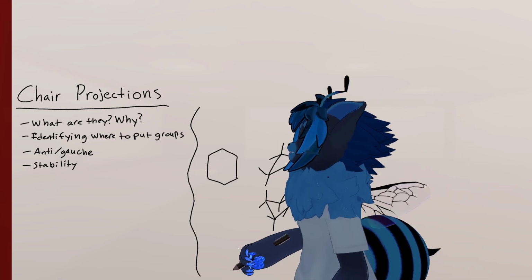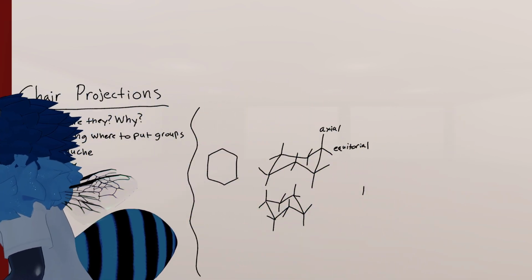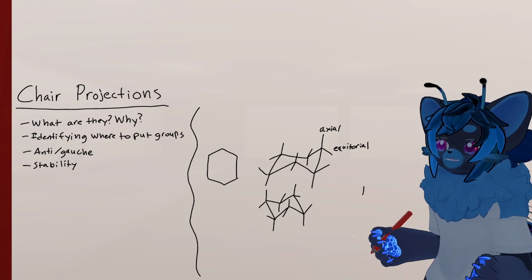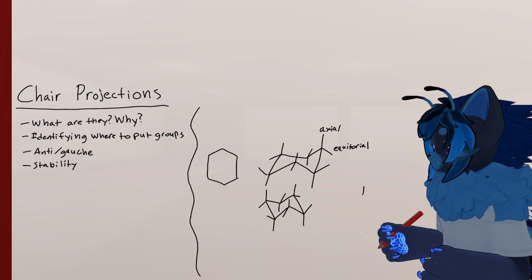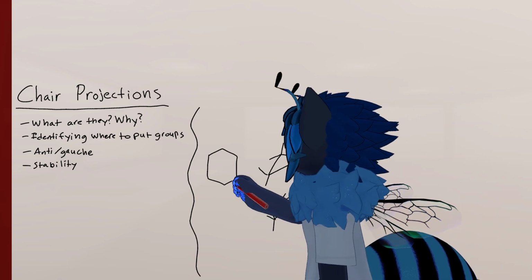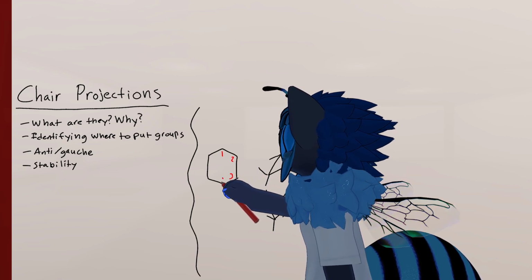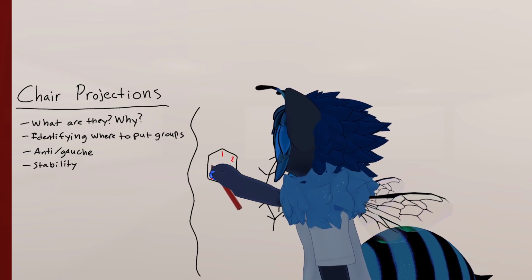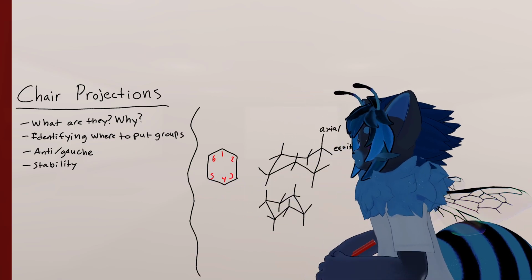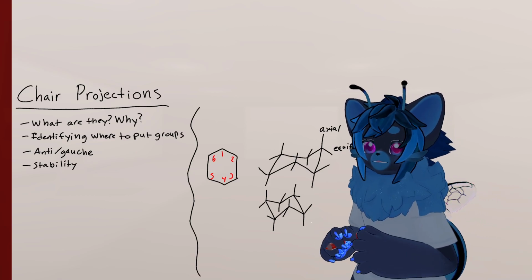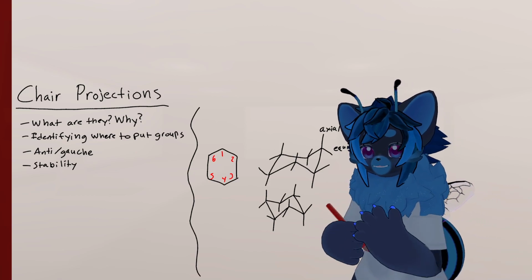And in fact, a way to see which carbons they are: let's start by numbering the 2D cyclohexane. So this is carbon 1, 2, 3, 4, 5, and 6. No matter the number, the carbons are going to keep the same number.